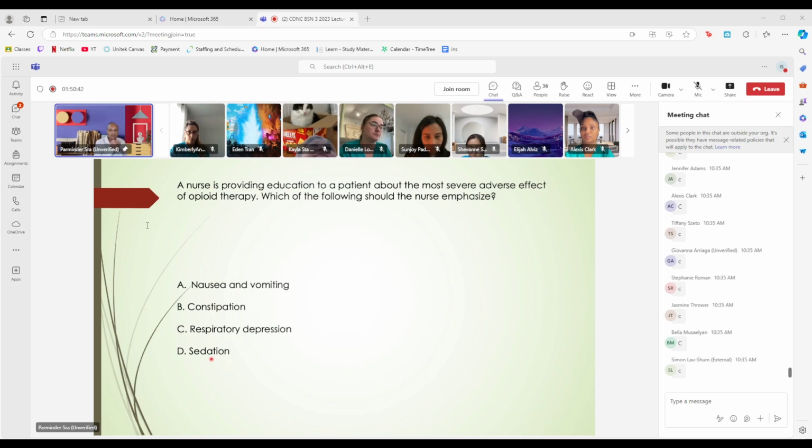Okay, nice. Yes, C is the correct choice here. The keyword is severe adverse effect, and the severe adverse effect of opioids is respiratory depression.